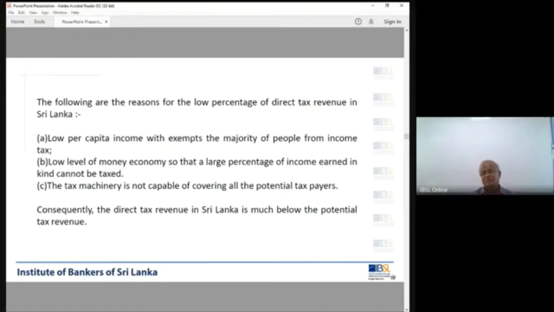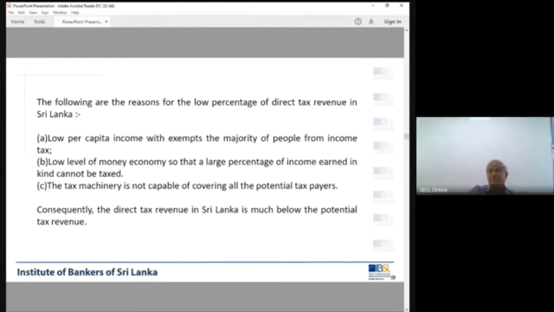The money economy is low. Monetary salary, take-home pay, your rupee money income. You are getting some other income in kind. Then under the new tax policy, if you are getting medical benefits from the institution, if you are getting a monthly medical bill, if your institution reimburses 5,000 rupees worth of medical bills, that 5,000 is considered as income of the individual when they calculate income tax.